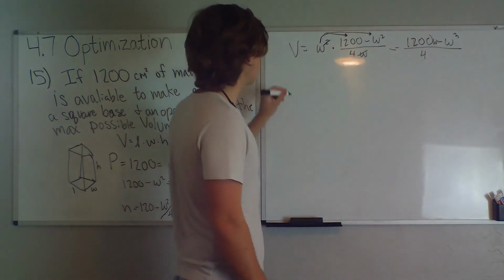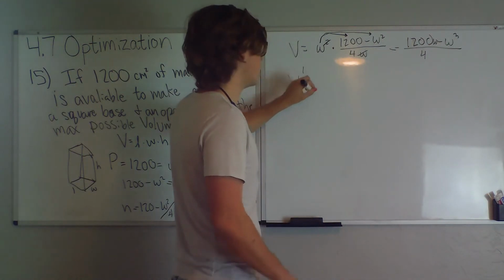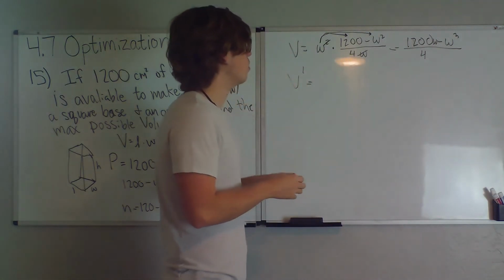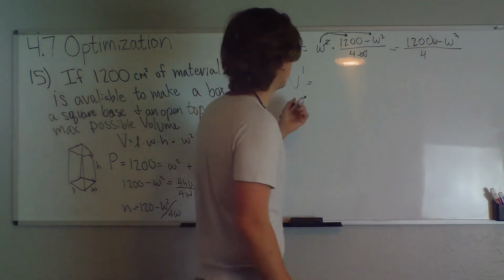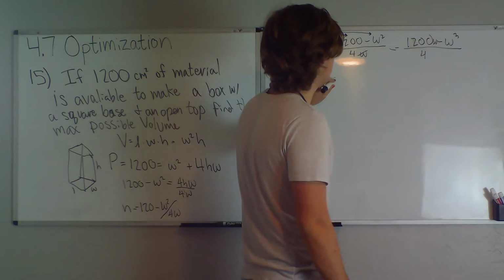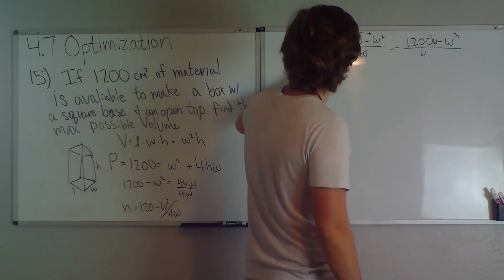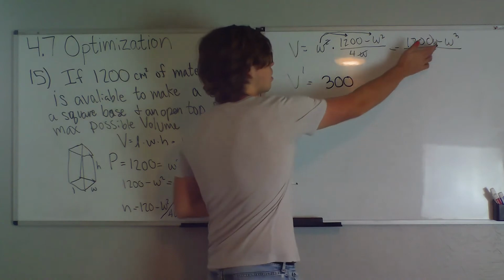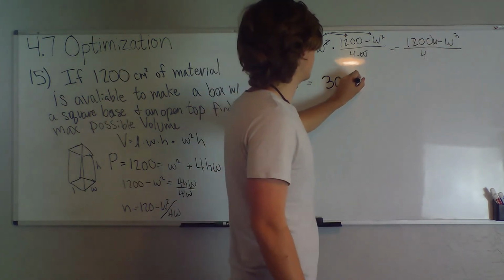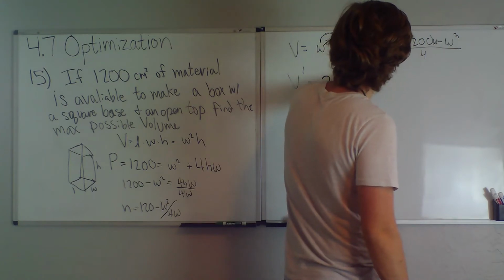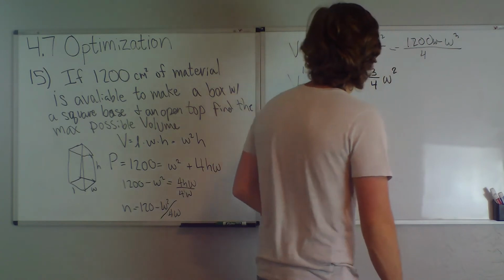Okay, we take the derivative, so V prime is going to be equal to, well, 1200W divided by 4 is just 300. So we get 300, right? Because power rule, W goes away, minus power rule, 3/4 W squared.